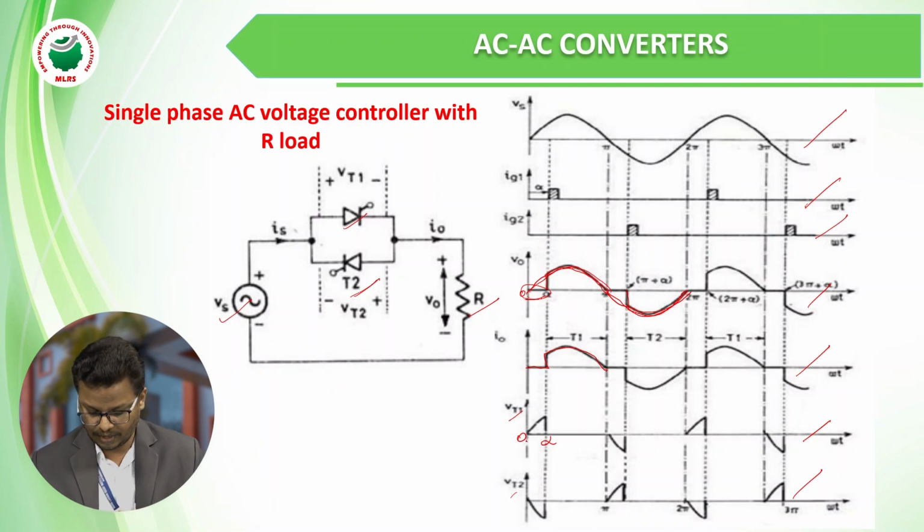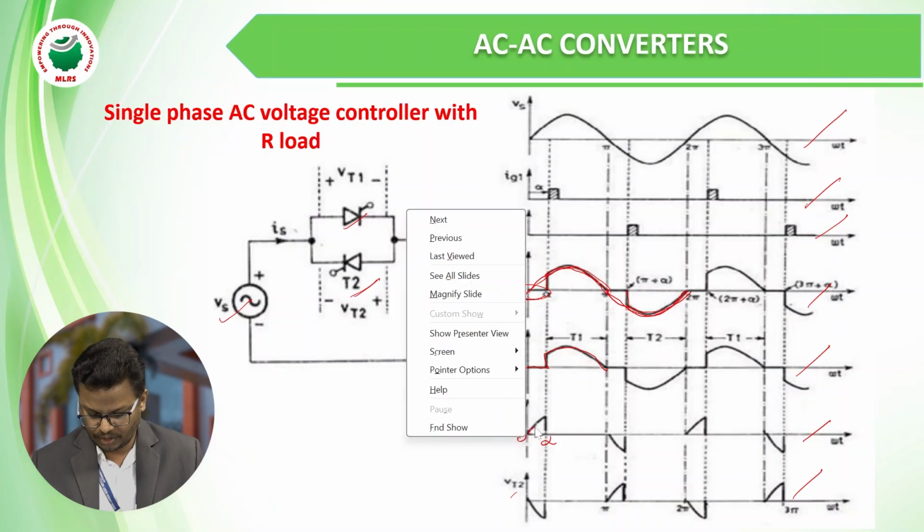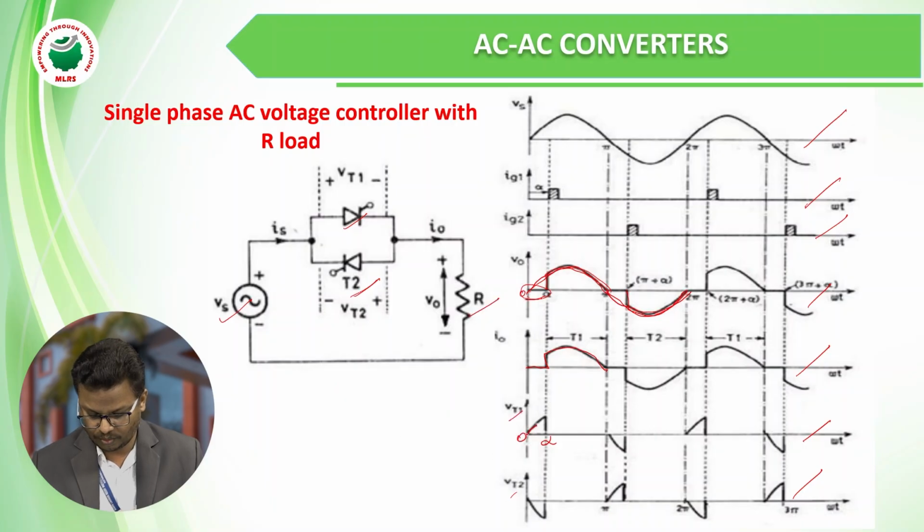So in the waveform we can observe the voltage across VT1 from 0 to alpha. At alpha we give the trigger pulse, so it starts conduction till pi. At pi, again the two devices will be in turn off condition. When the two devices are in turn off condition, the voltage will be present across them. These we can observe.